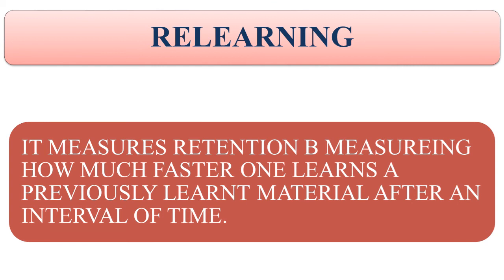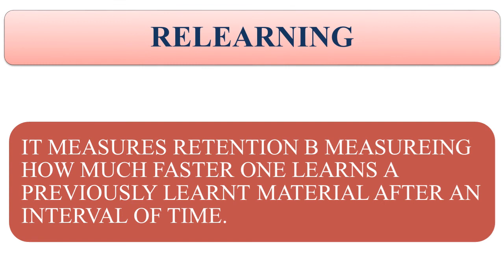It measures memory by comparing performance on the same task on two different occasions. So, the relearning method, or the method of saving. The subject is made to learn something a second time, either hours or days after the original learning.